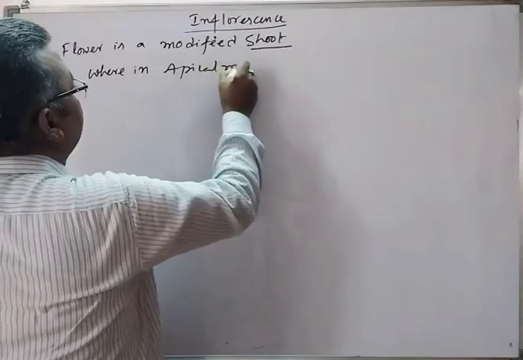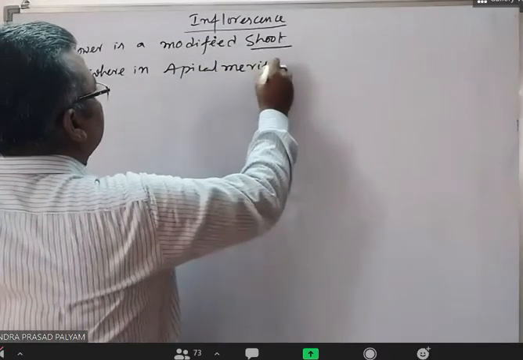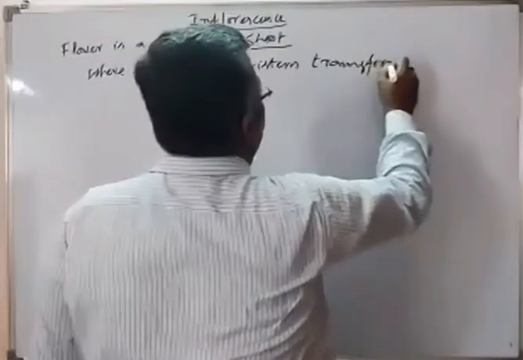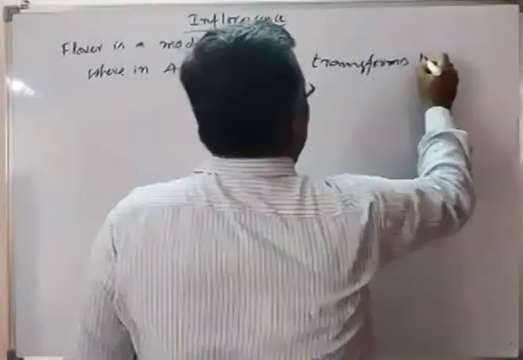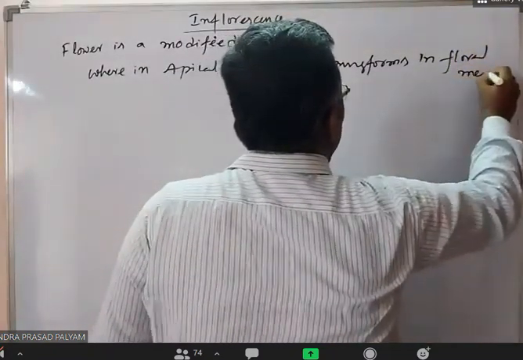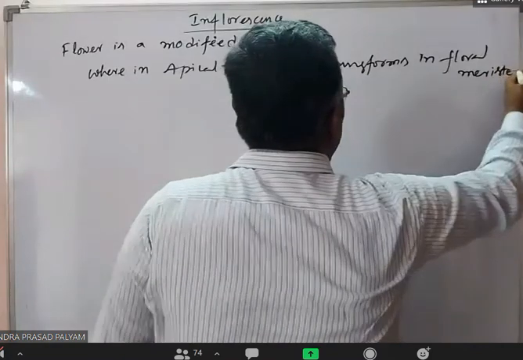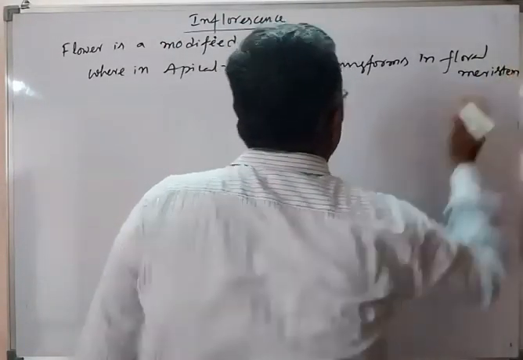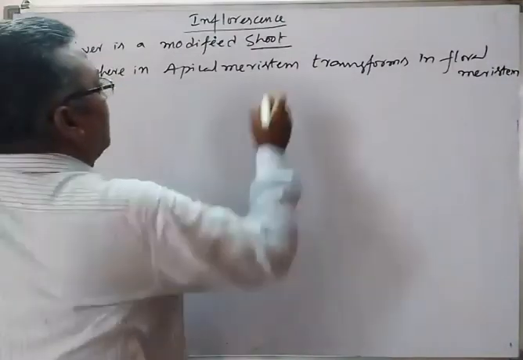Meristem transforms into floral meristem. What is apical meristem?